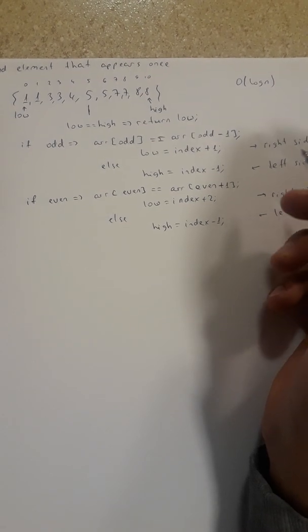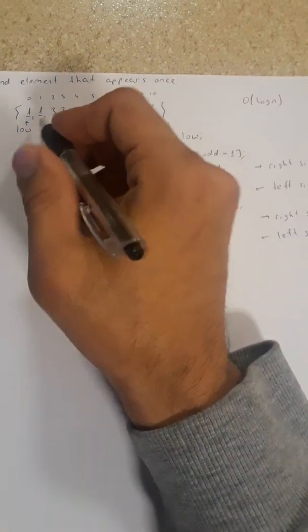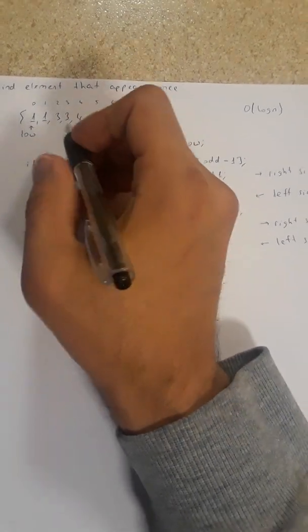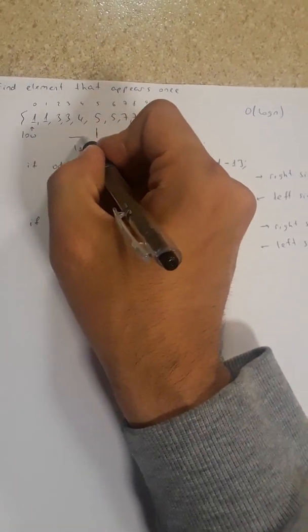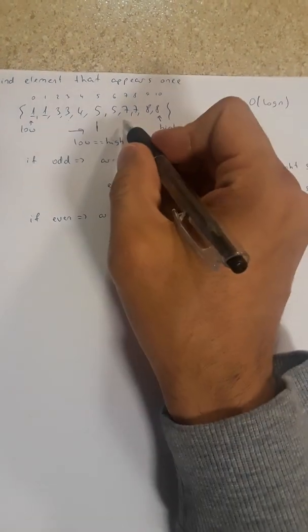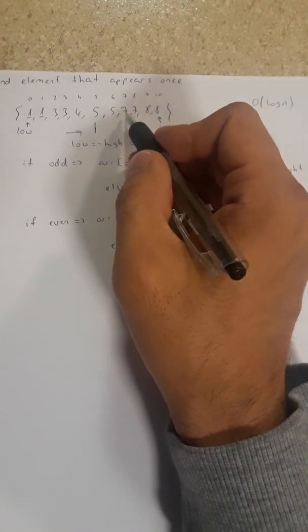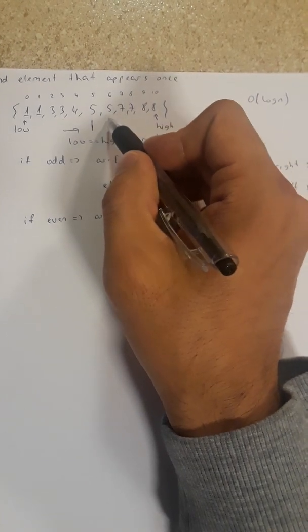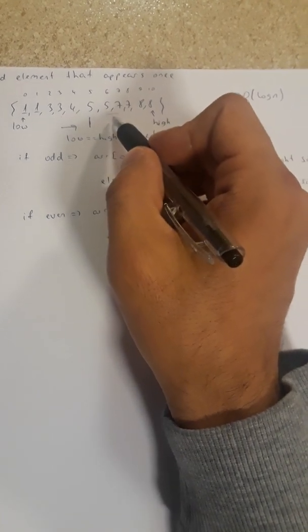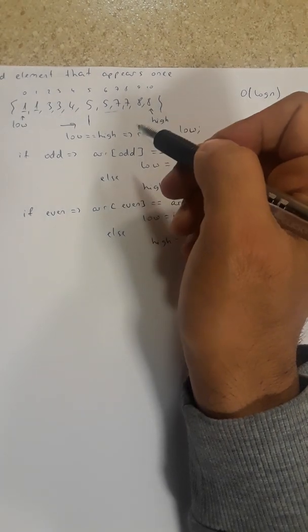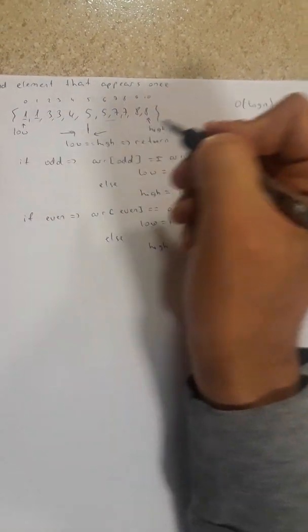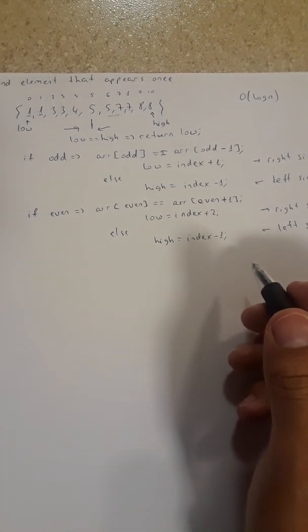If the order is not broken, like here 1 1 3 3, meaning that the element we're looking for is at the right side. If we see that the order is broken, meaning that the two next elements are not equal to each other, we will keep our search at the left side.